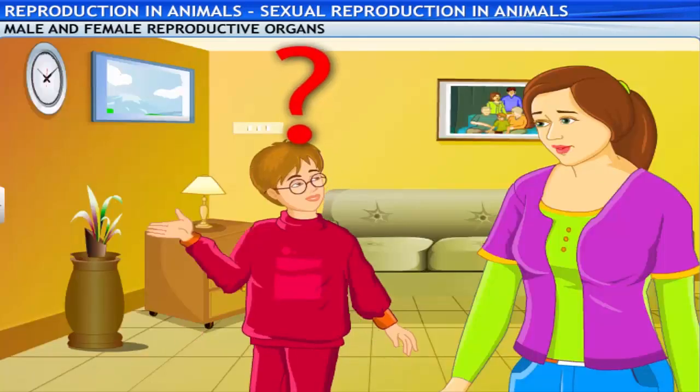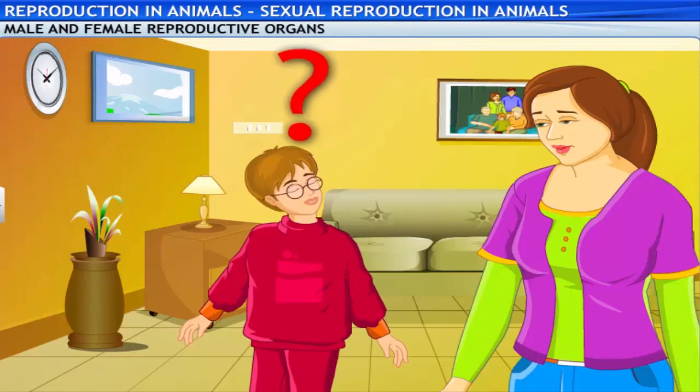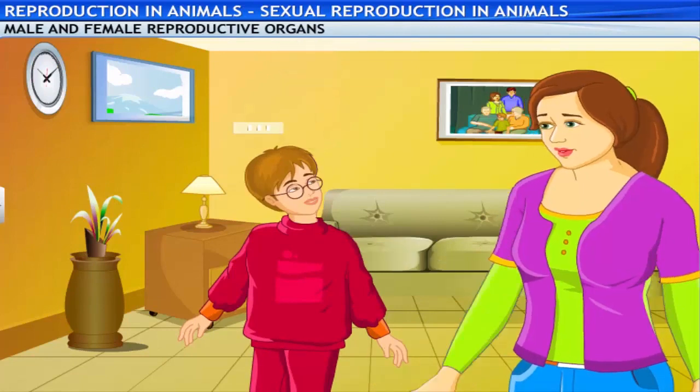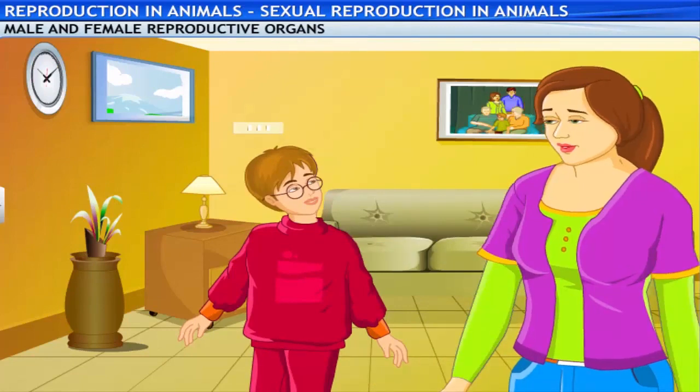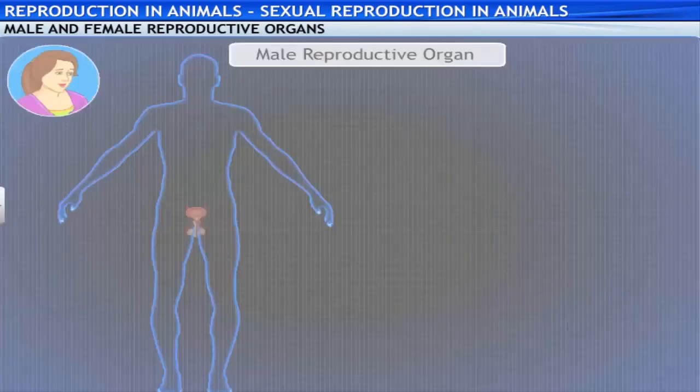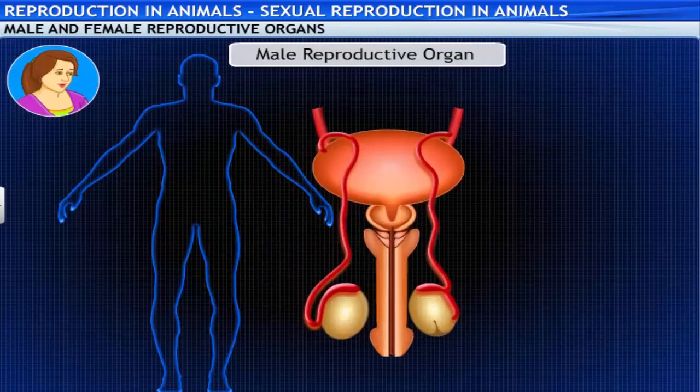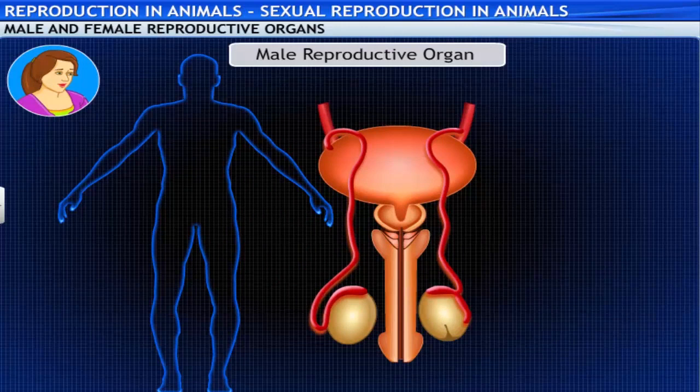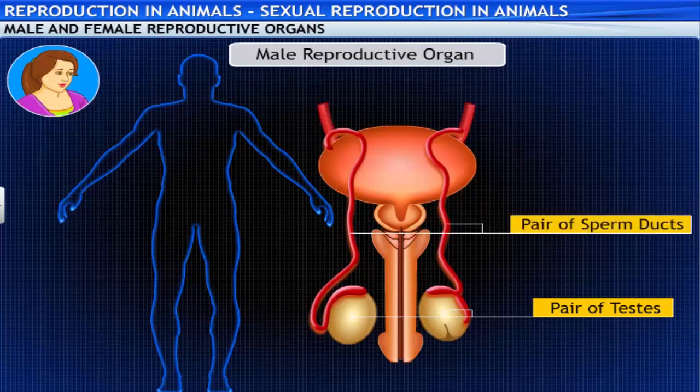Which reproductive organs produce gametes? They are different for males and females. Let's look at male reproductive organs first. Male reproductive organs include a pair of testes that produce the sperm or the male gamete, two sperm ducts, and a penis.